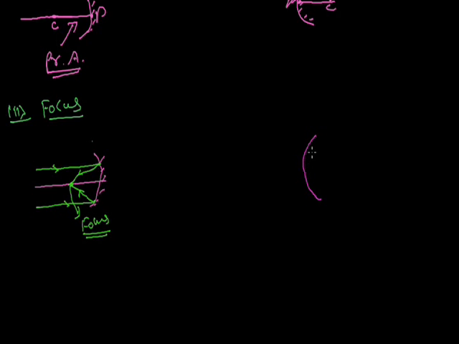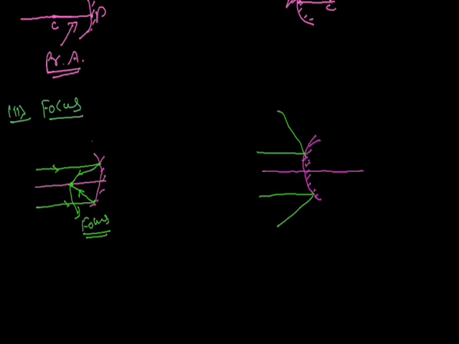Now this is the convex mirror and this is the principal axis. The ray of light comes parallel to the principal axis, this one, and after reflection it will move toward this, because it has to follow the rule of reflection.